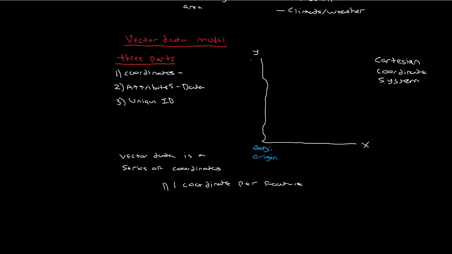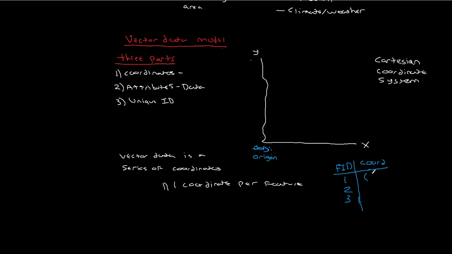So for example, we could have the feature ID, which we will call FID. Let's say we had 3 features, 1, 2, and 3. For our vector data structure, we're one coordinate per feature. That means that each feature is going to have one coordinate.